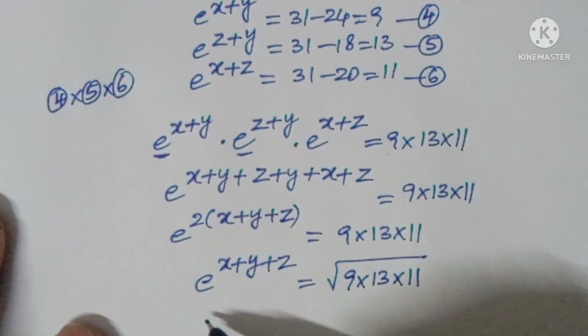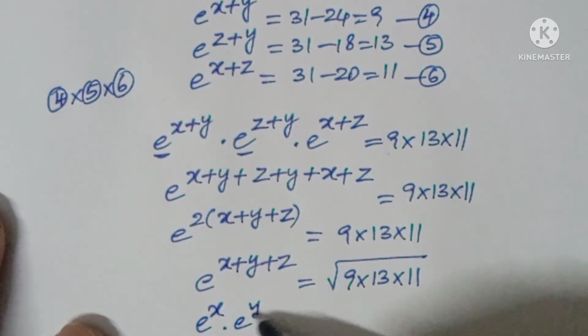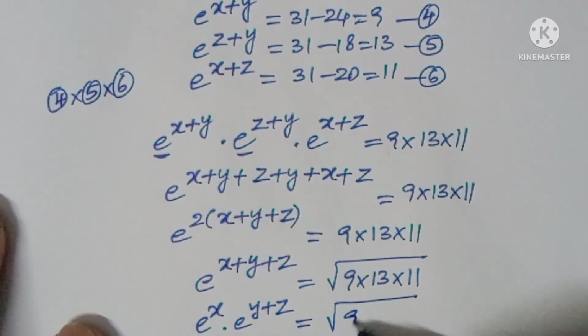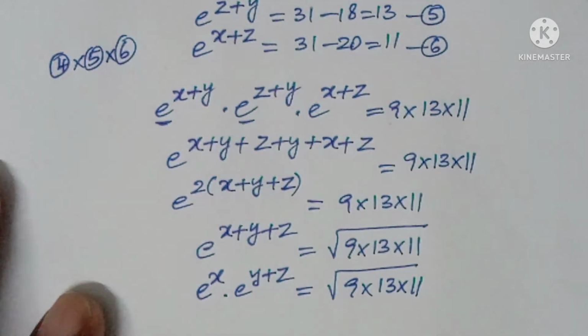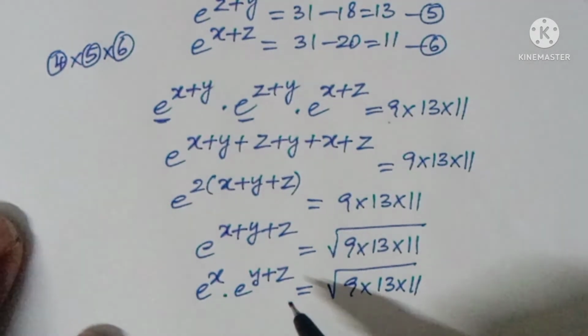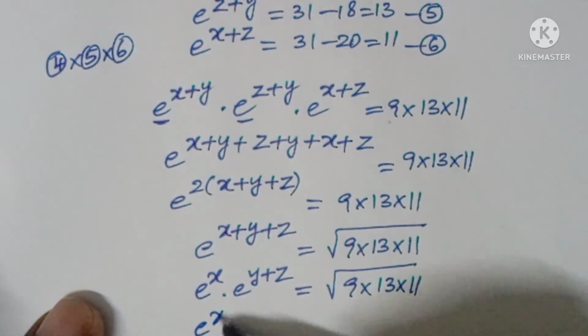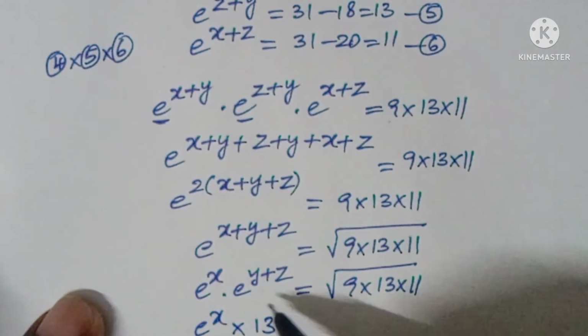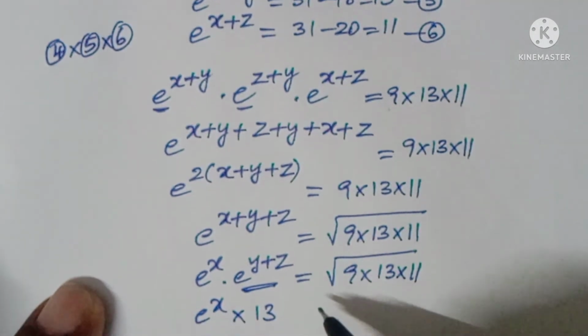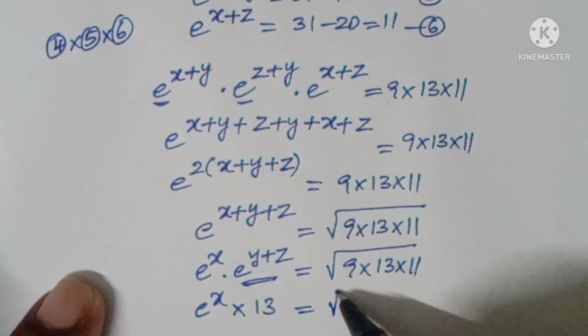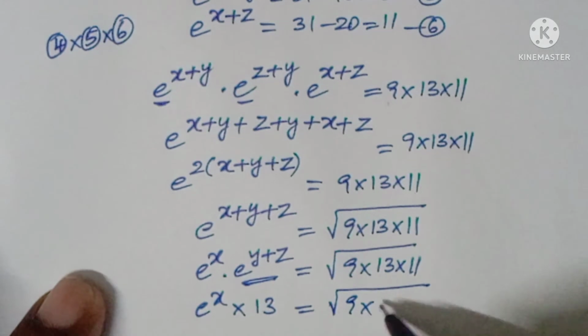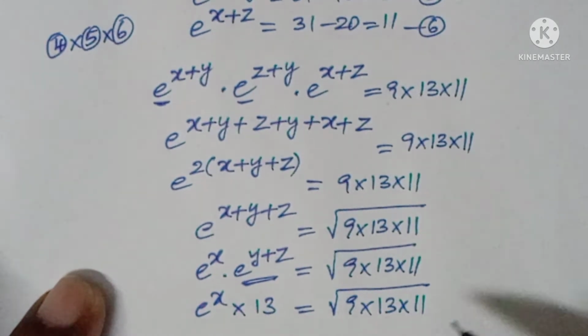Here you can write it as e to the power of x into e to the power of y plus z is equal to square root of 9 into 13 into 11. Here e to the power of y plus z is 13 now. So e to the power of x into 13 is equal to square root of 9 into 13 into 11.